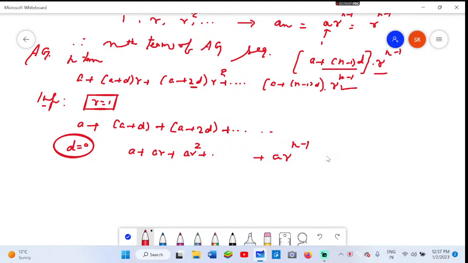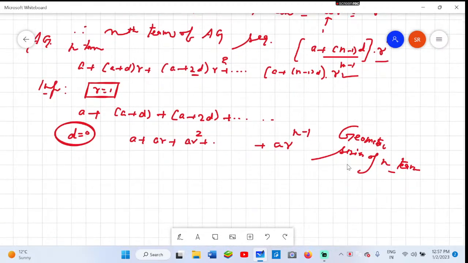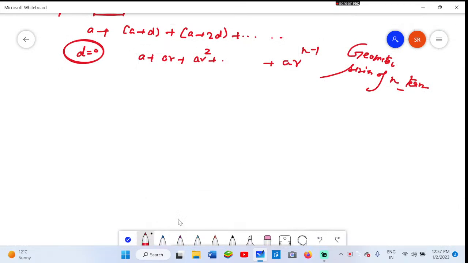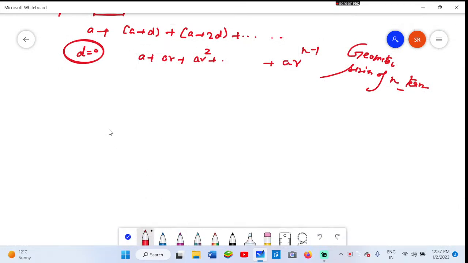And this is nothing but geometric series of n terms. It means the AG series with a combination of corresponding terms of AP and GP series can be easily converted into AP or GP by suitable substitution.